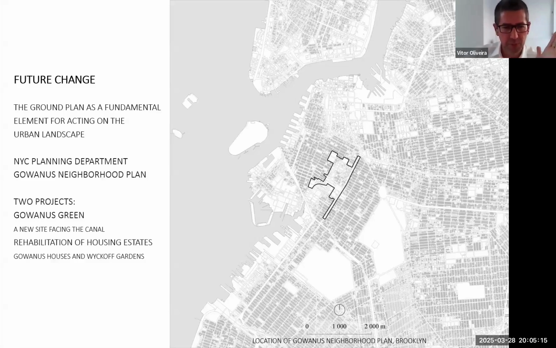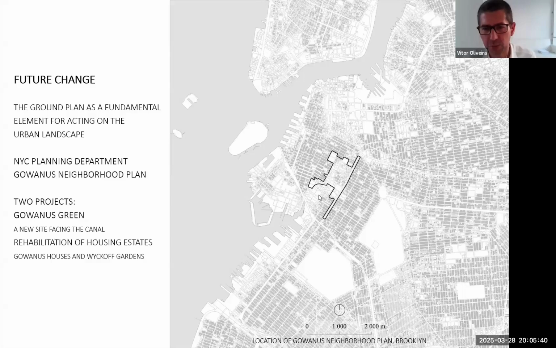So we had a look through the ongoing initiatives of the New York Planning Department, and we have selected one plan to test how the ground plan could be fitted in. We did not select a bad plan. On the contrary, we selected a very good plan.